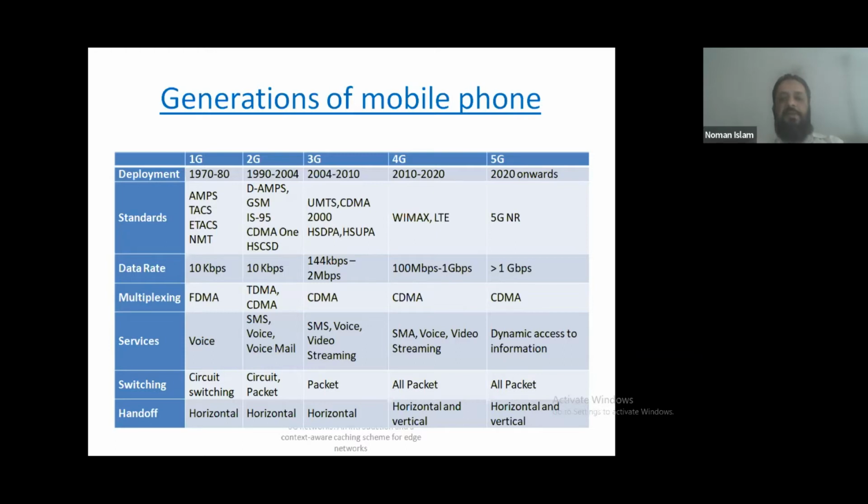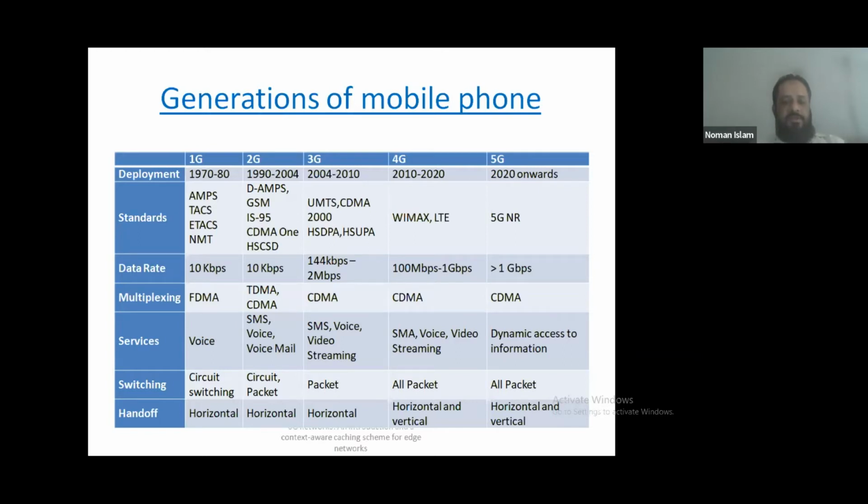The data rate has tremendously increased in the past few years, from kbps to Mbps, to gigabits per second, and in 6G we are expecting a data rate of around terabits per second. The multiple access technologies like FDMA, TDMA, and CDMA have evolved, and in 5G and 6G we are anticipating more advanced multiple access techniques.